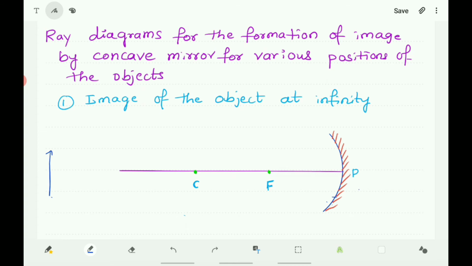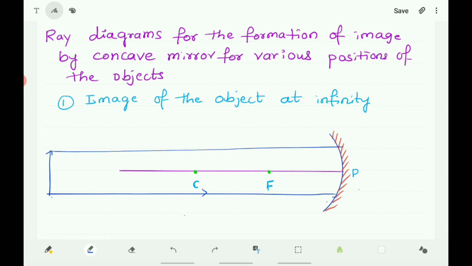The rays are parallel to the principal axis and the reflected rays pass through the principal focus, and the image is at the principal focus and it is a highly diminished image and it is an inverted image, and this image can be caught on the screen, therefore it is a real image.